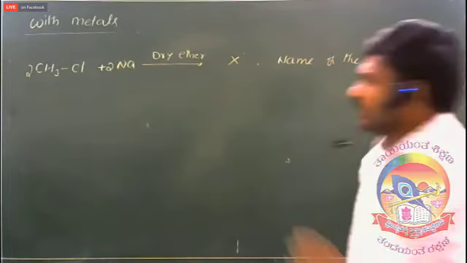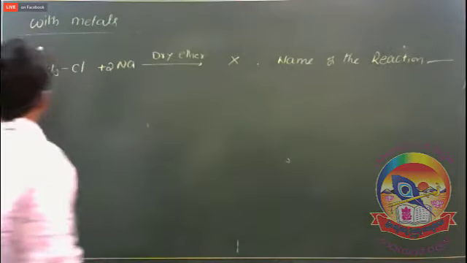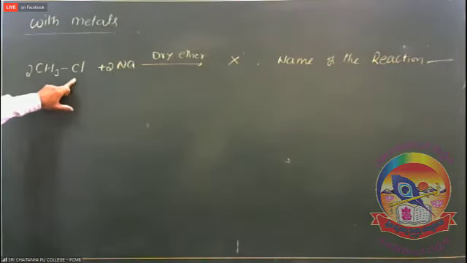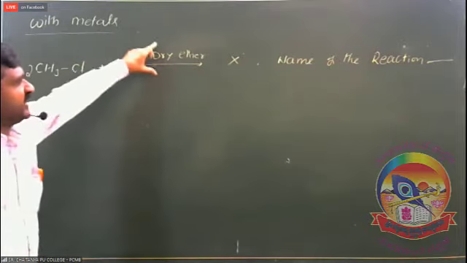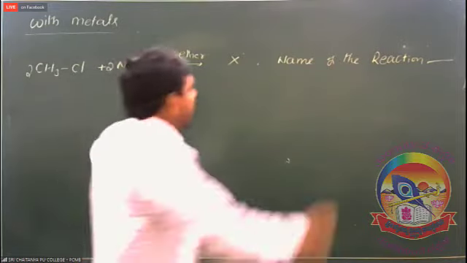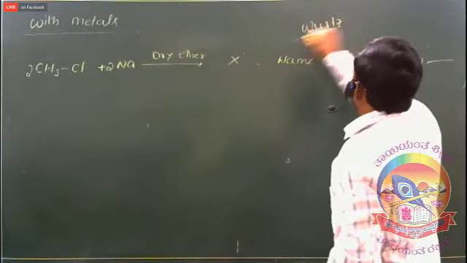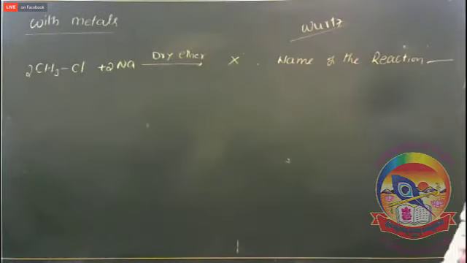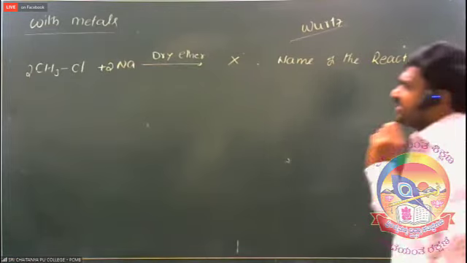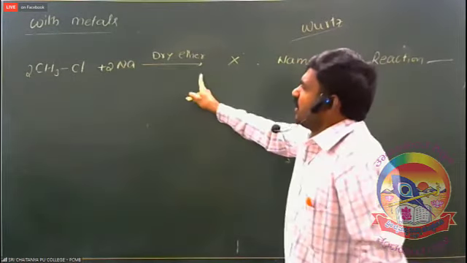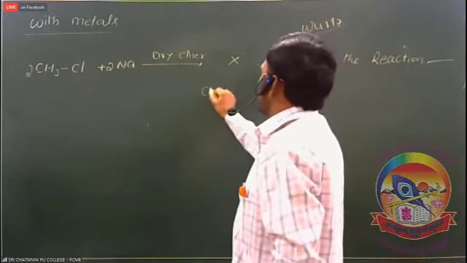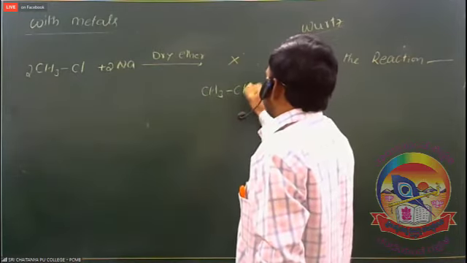In any organic conversion, when an alkyl halide reacts with sodium metal in the presence of dry ether, it is a named reaction, the Wurtz reaction. In the Wurtz reaction, an alkane with double the number of carbon atoms is obtained. So what is X?